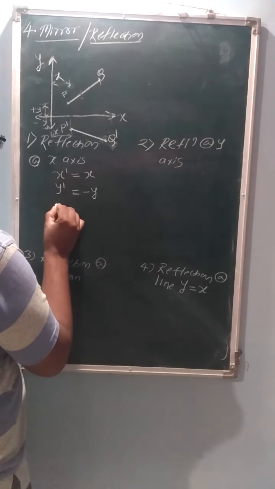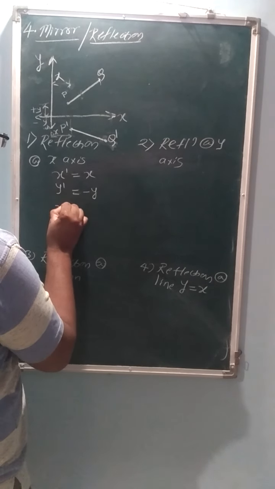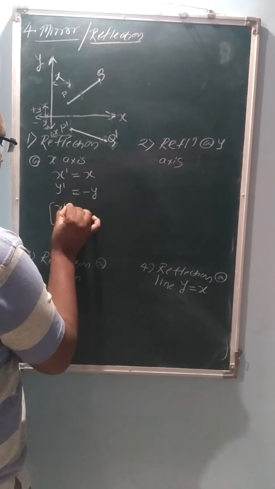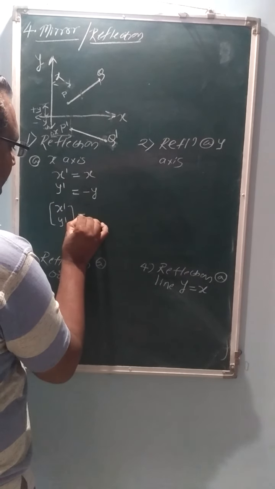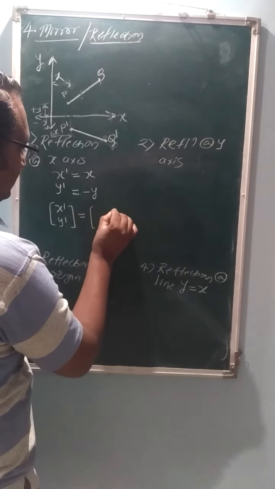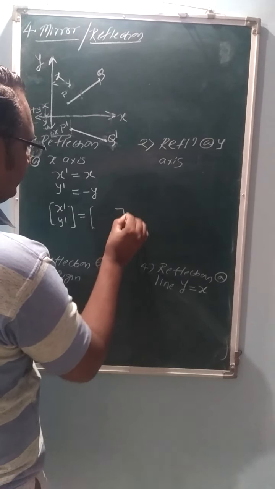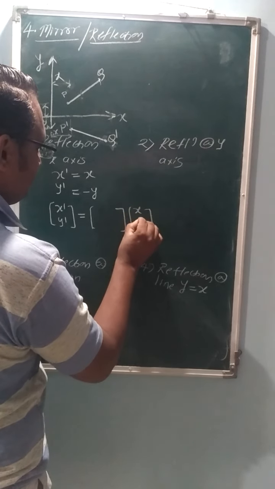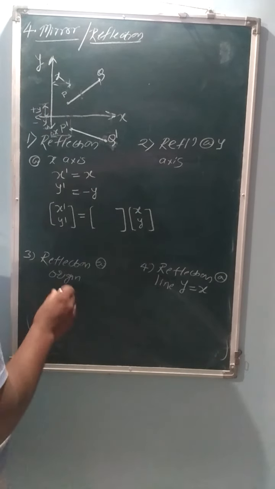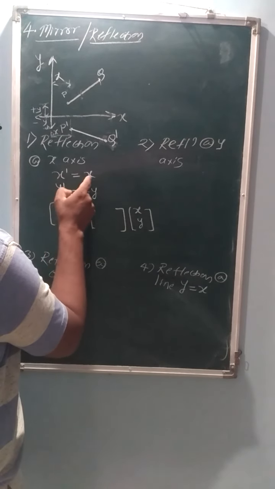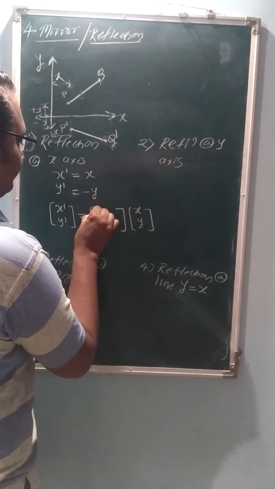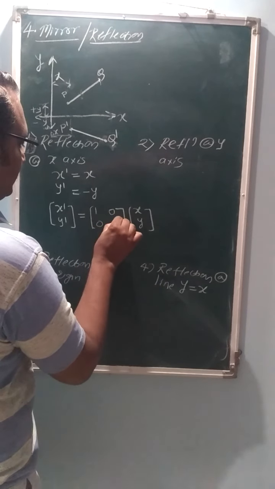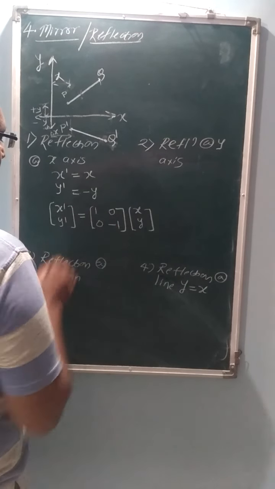So in the matrix form, we can write x dash y dash is equals to 1, 0 and 0, minus 1 times x y, where this is our original point.